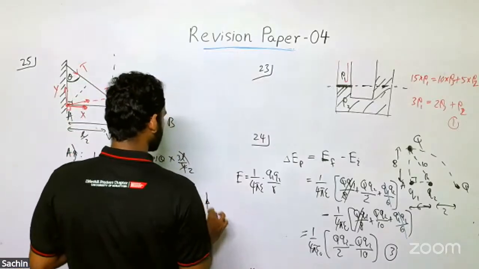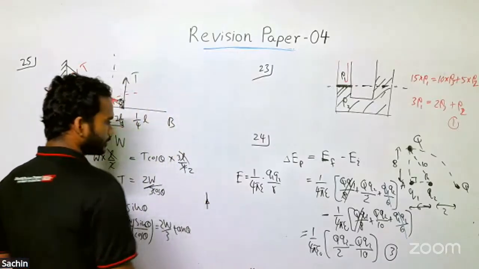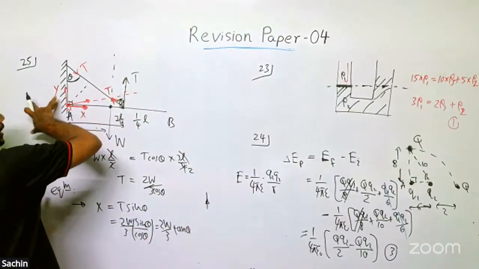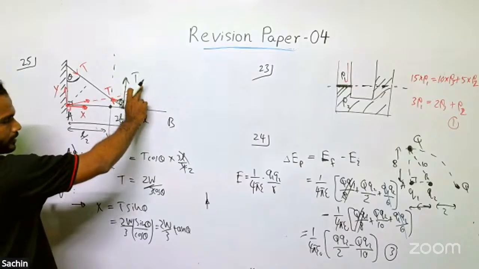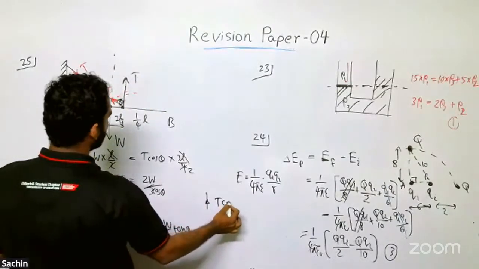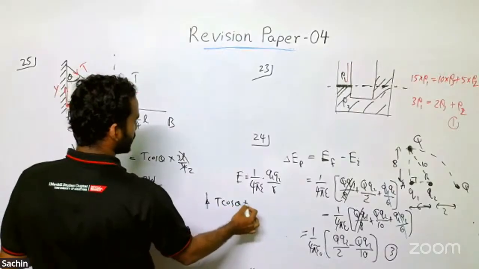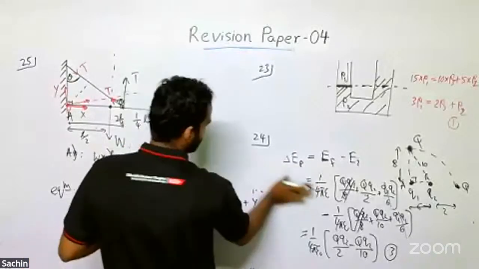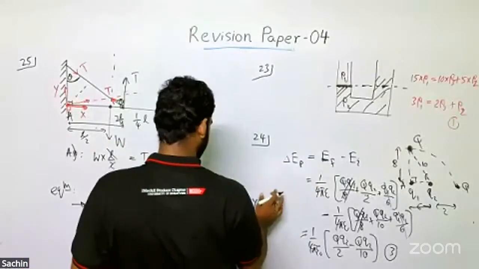And if you consider the y component, consider the vertical equilibrium. So vertically, how many forces? This y component is there, and there's a component coming from the tension as well as the weight. So T cos theta plus y is equal to W.